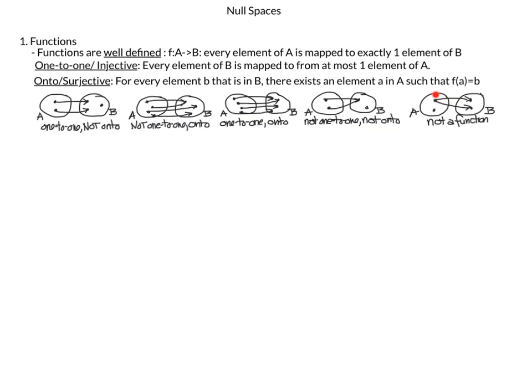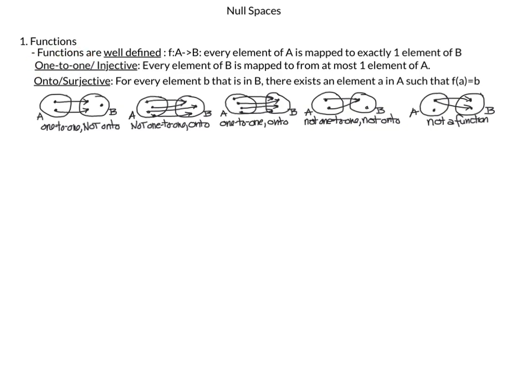But here in this picture, we have this element of A that is problematic, and it will make our function not a function. The second reason this is not a function is we have this element of A that is not mapped to anything in B. So it's not related. It just doesn't have any assignment. And so that is another example of a mapping that is not a function.